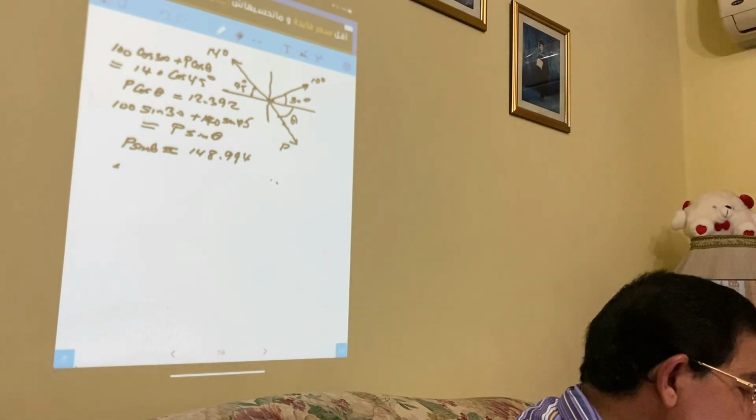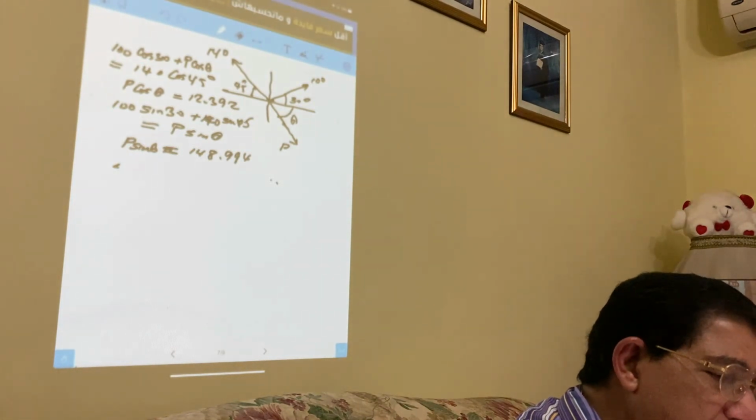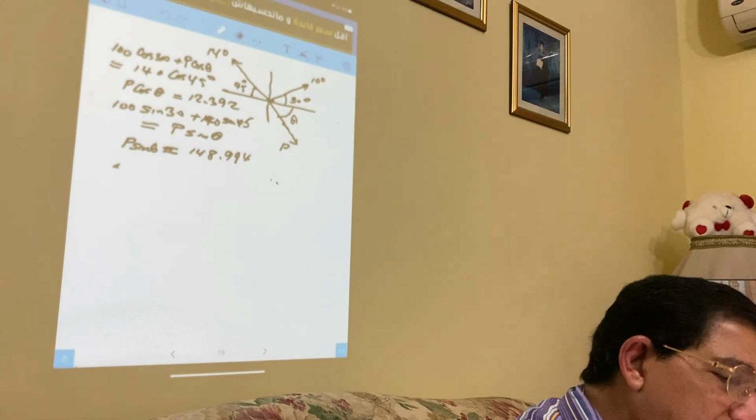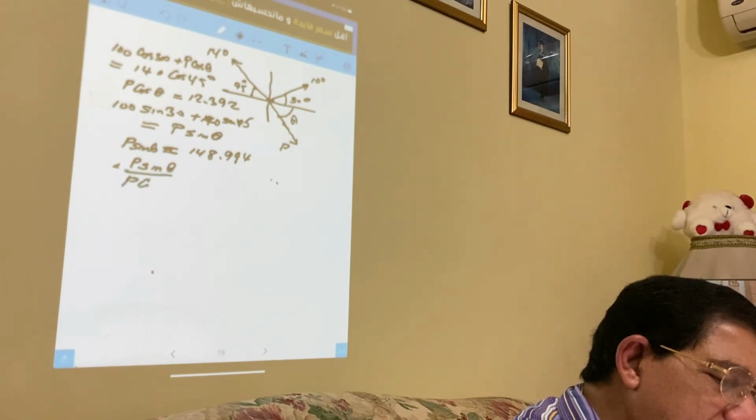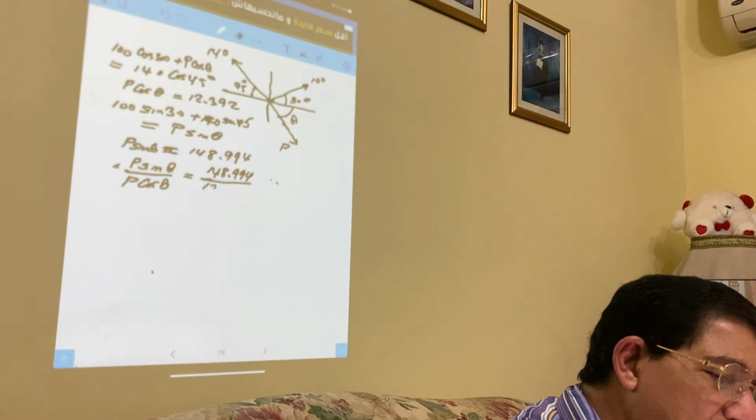We write the two equations, and we divide the two equations. We got one P sine and one P cosine, so we divide them. P sine theta divided by P cosine theta equal 148.994 divided by 12.392.